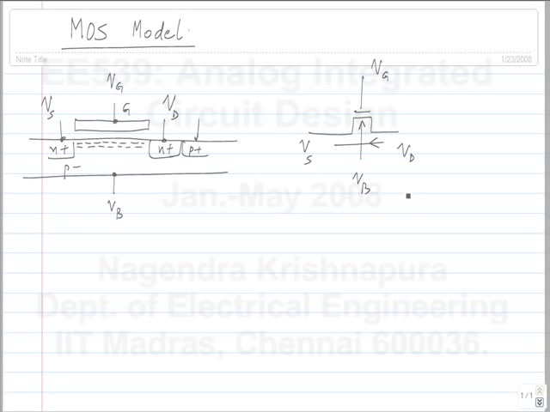Now, in analog circuits, typically this is also fixed. You intend some particular terminal to be the source and you bias things that way in many circuits. There are circuits in which the source and drain can get interchanged. If you use it as a switch, for example, sometimes one side of the switch may be higher than the other, sometimes it may be lower. Okay. Another thing that can happen is that during the operation of the circuit, because of some signal swings, the source and drain can get interchanged.